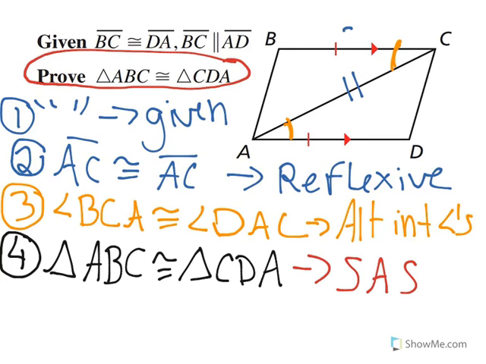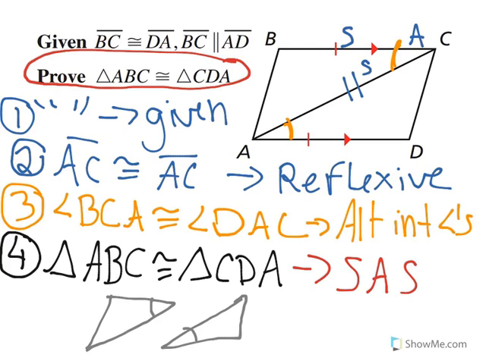Going in order, here's our side, angle, and a side. So side, angle, side. If it helps you to draw the triangles separately, then that could be helpful. Taking them outside of the picture, here's our angle, the other angle, side, and our other side. And that can also show you side, angle, side.